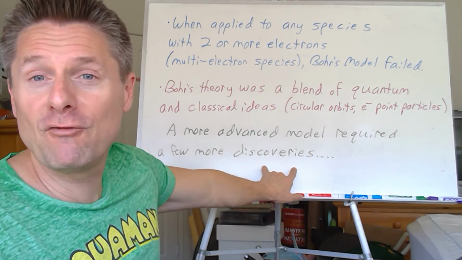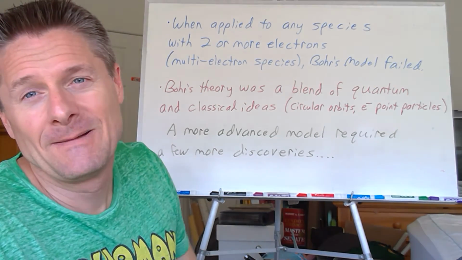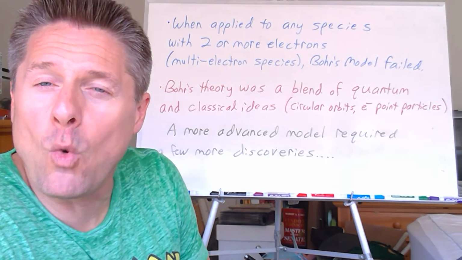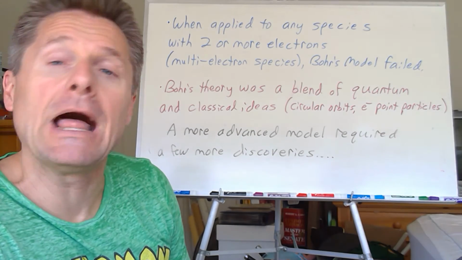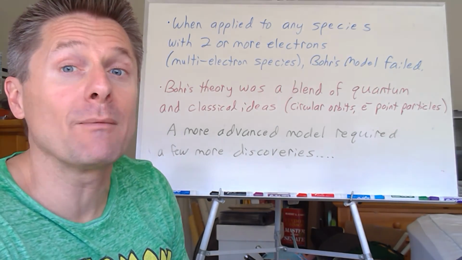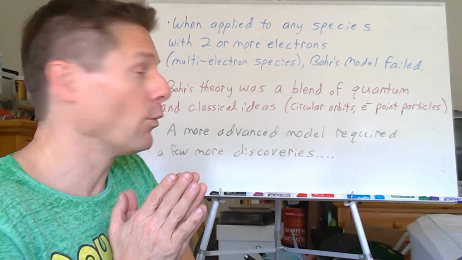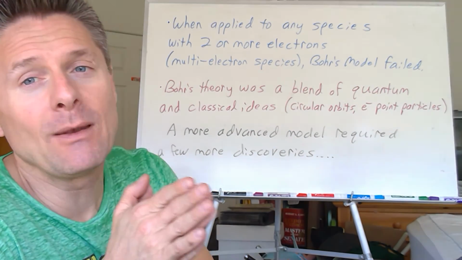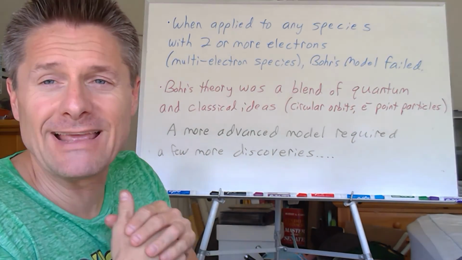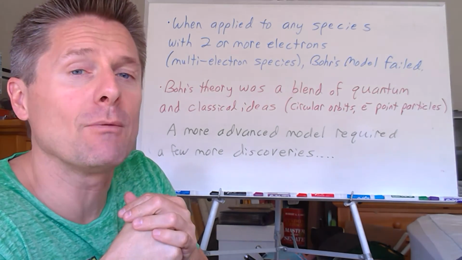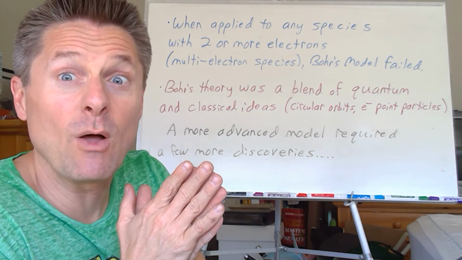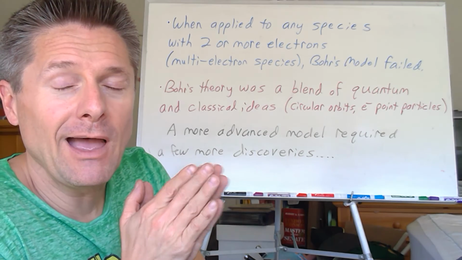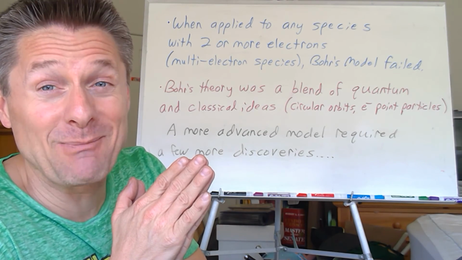So it required a few more discoveries to really understand the quantum behavior of electrons, to get an upgraded model called the quantum mechanical model that we'll look at. So we'll do some calculations in the next video, and then we'll jump into some of these new discoveries and get into the quantum mechanical model, or what they call the wave mechanical model. It's going to get really weird, my friends.